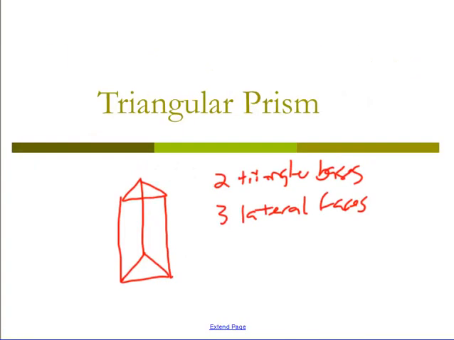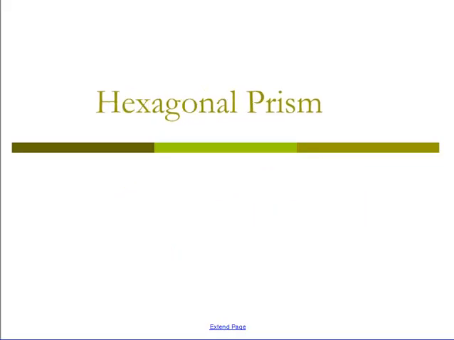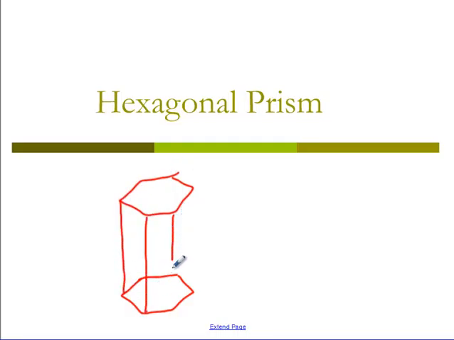Okay, so when we go to a hexagonal prism, we're going to have a hexagon. Let me try my best to draw this. So we've got a hexagon, and then we have the same hexagon up here, and we connect corresponding spots.